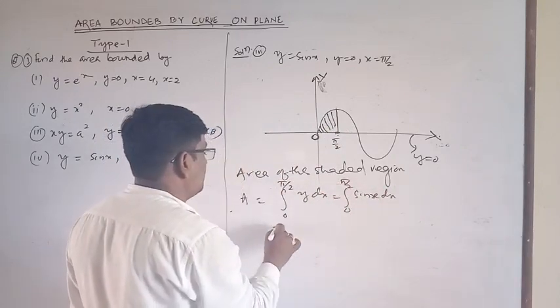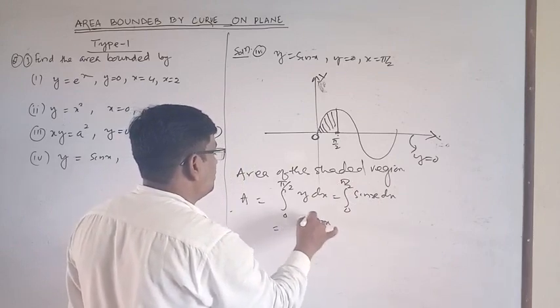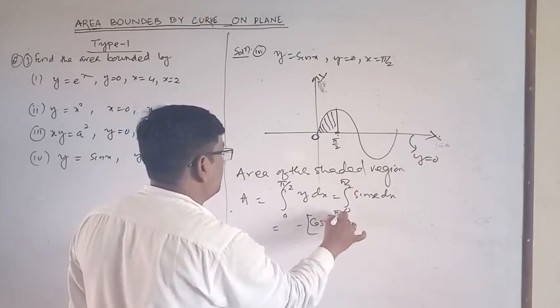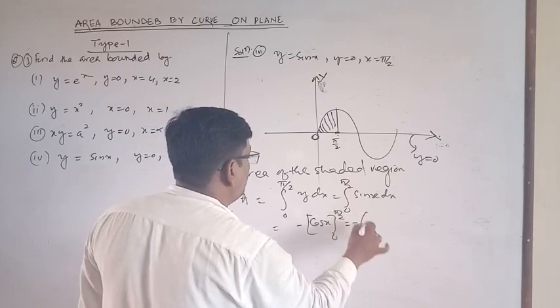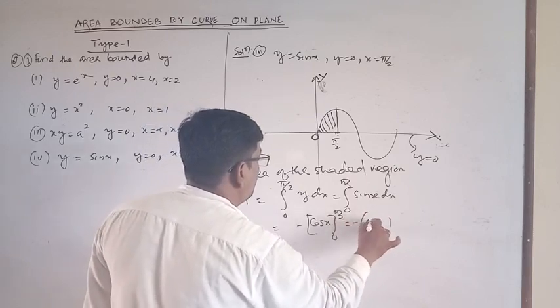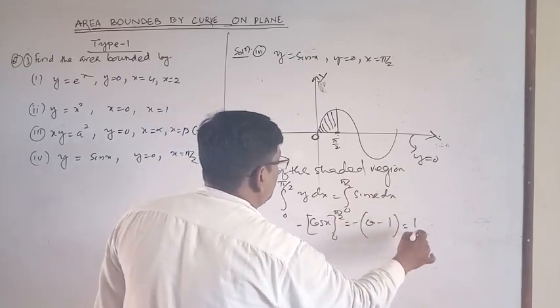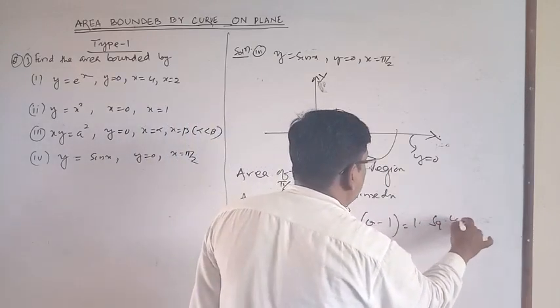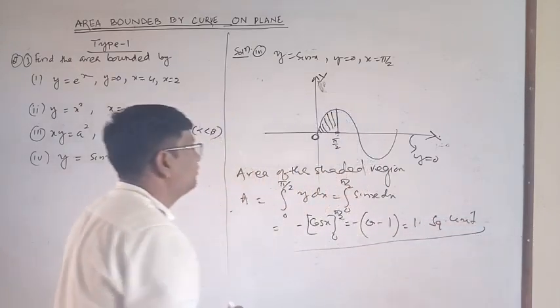So what is the integration of sin x? That is minus cos x, limit 0 to pi by 2. So minus of cos pi by 2 minus cos 0, that is 0 minus 1. So this is equal to 1 square unit.